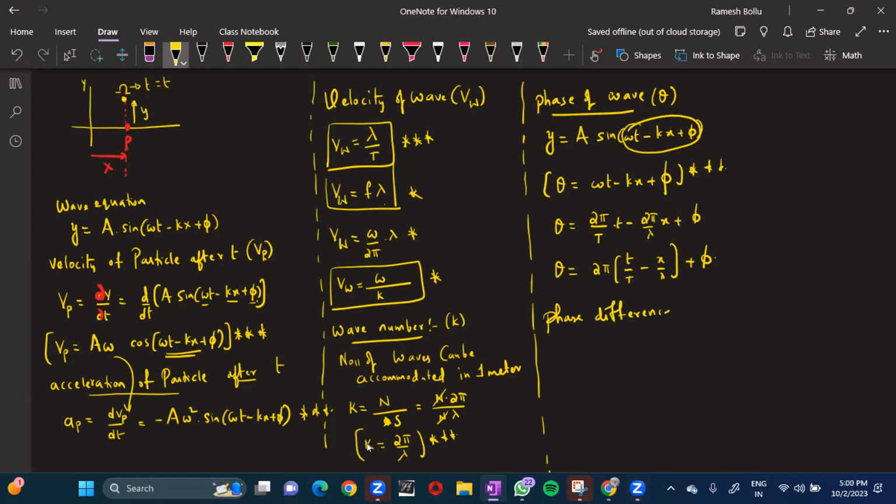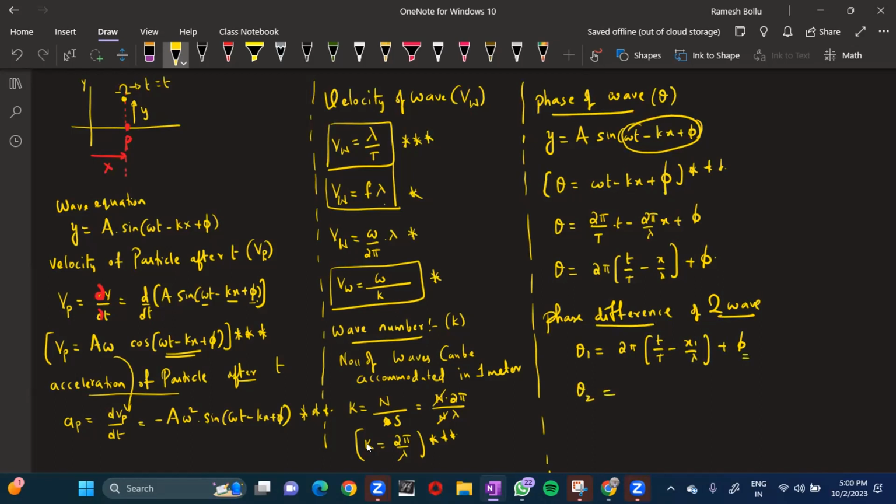Now let's see the phase difference of two waves, children. The phase of the first wave I can write as 2 pi times t by capital T minus x1 by lambda plus pi, children. Both are in the same phase, with the same initial epoch.